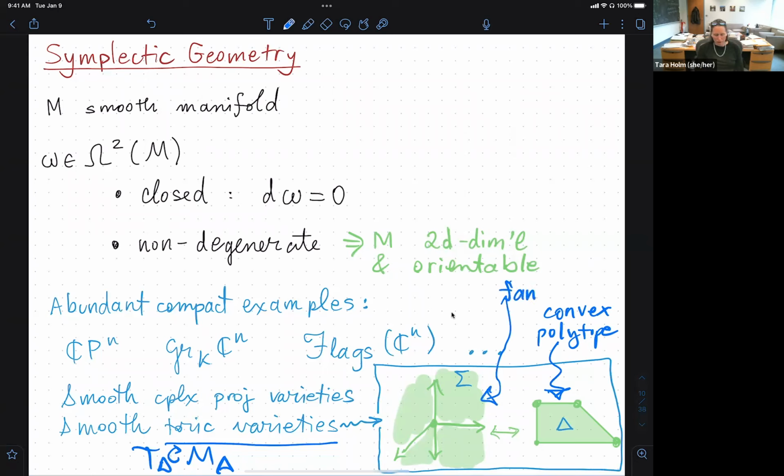But these combinatorial data are actually not quite equivalent. So the fan consists of the normal vectors to the facets of the polytope. I've drawn it upside down.